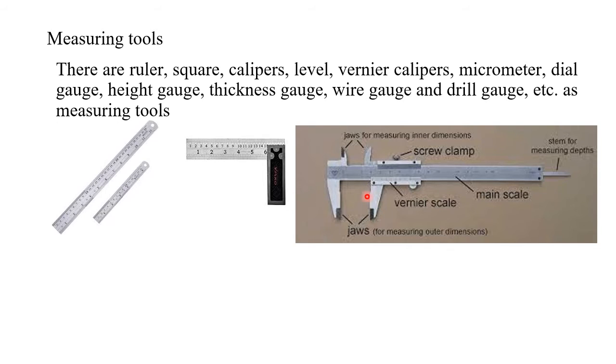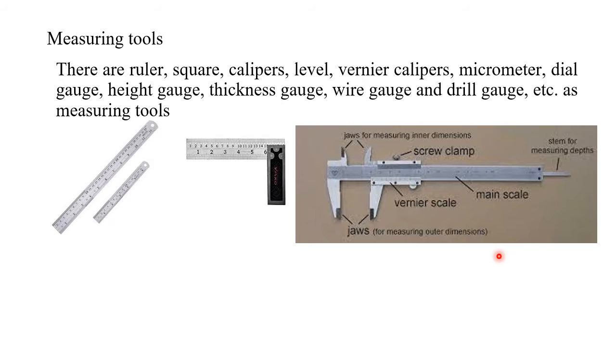Here we are using these jaws. These jaws are used to take external diameters. Here, these upper jaws are used to take internal measurements or internal diameters of cylindrical elements. And here we have the stem. This stem is used to measure the depths of cylinders or holes.